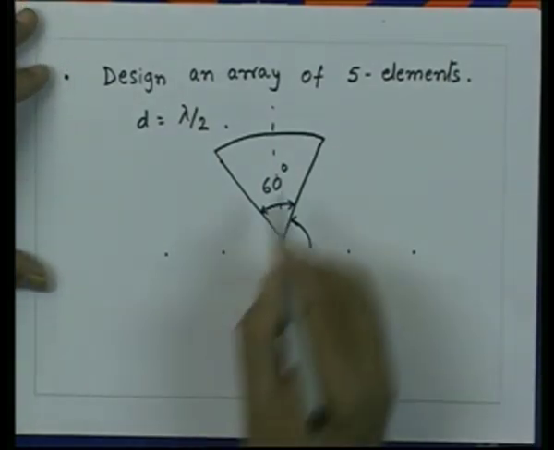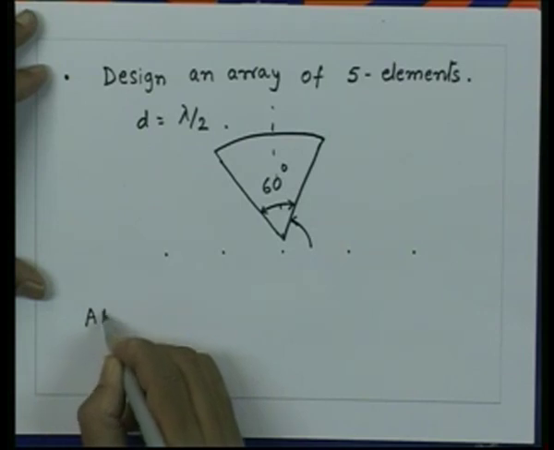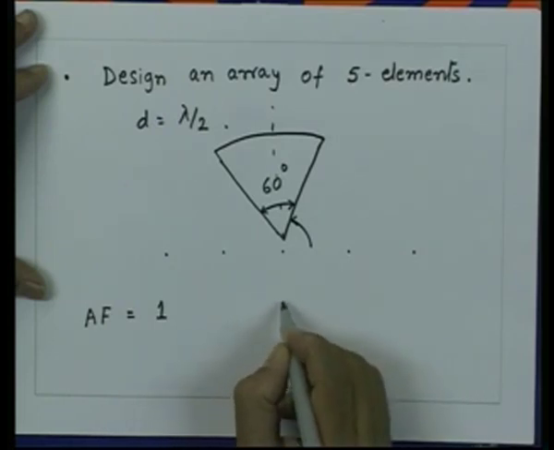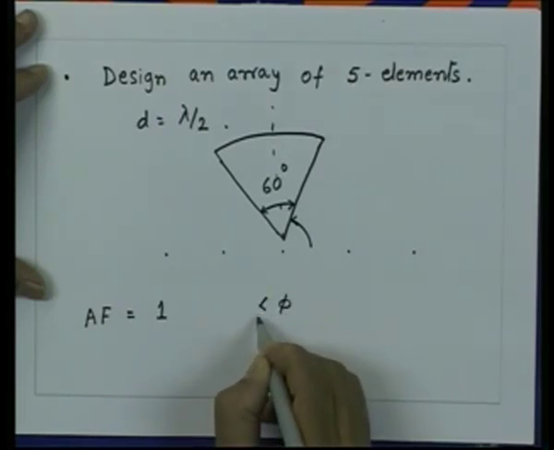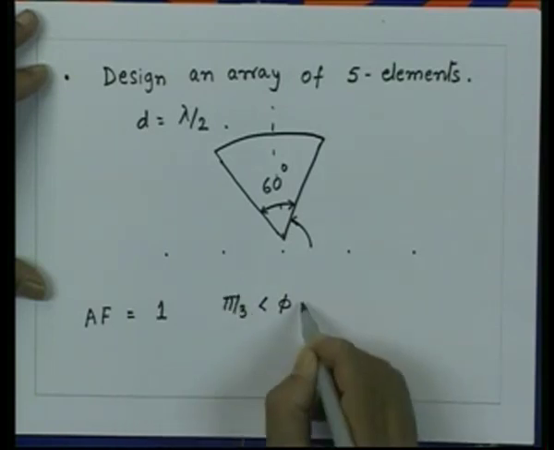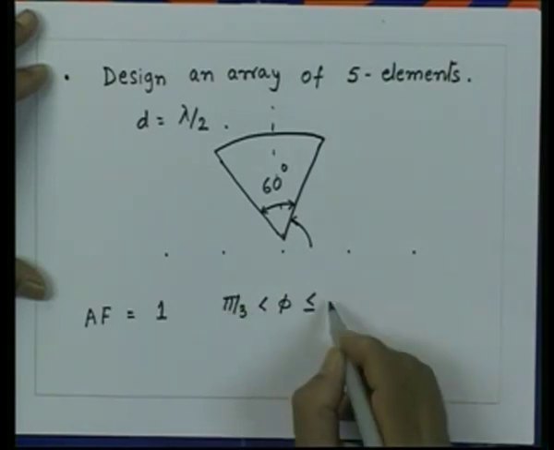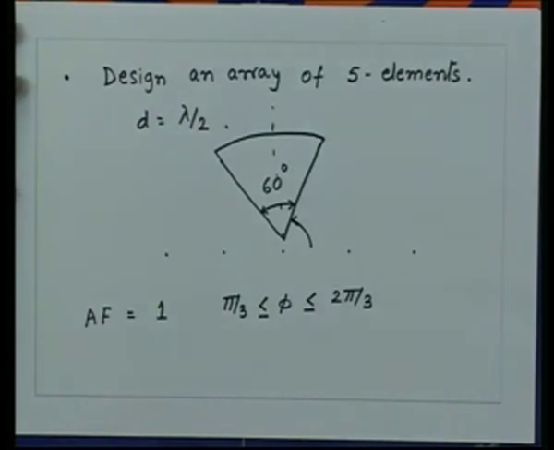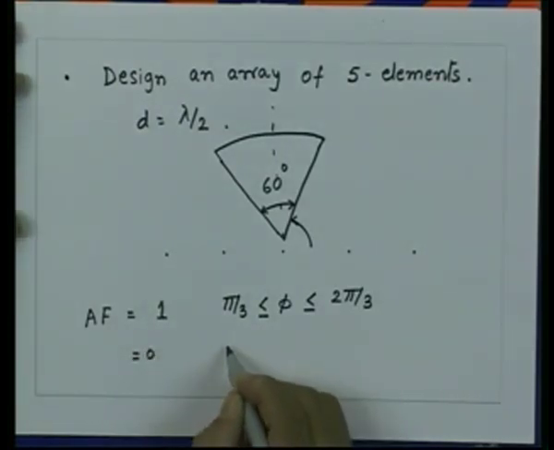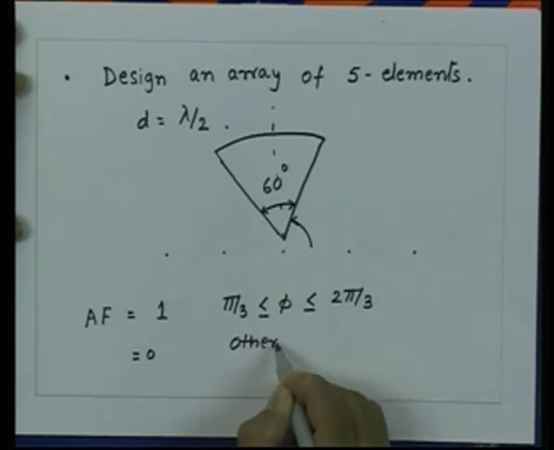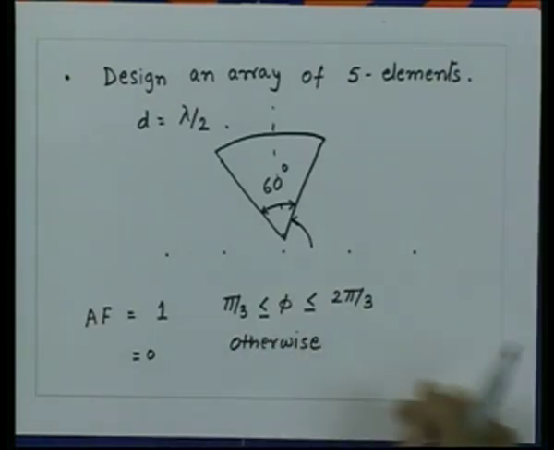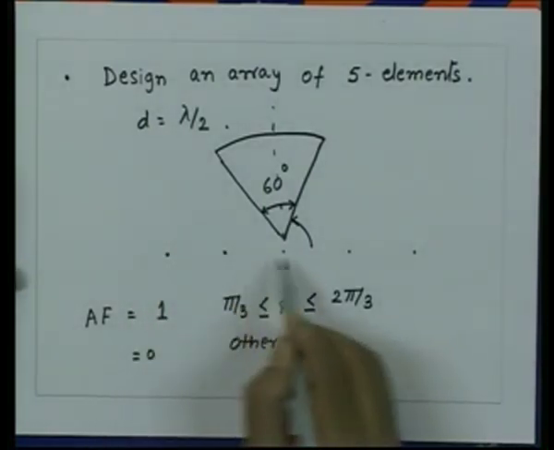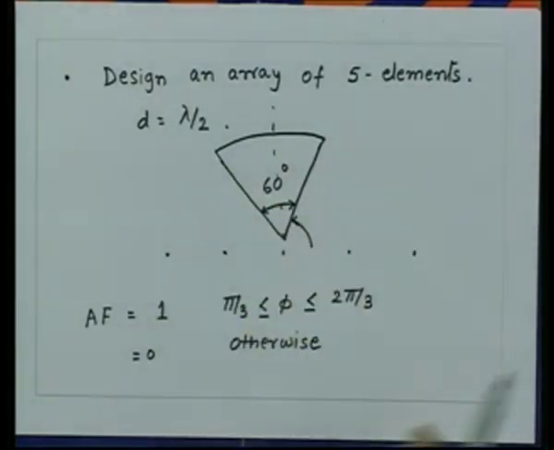So essentially the specification now is that your array factor, or the radiation pattern, is equal to 1 for pi by 3 less than or equal to phi less than or equal to 2 pi by 3, and it should be 0 otherwise. So we want to find the excitation of the antenna elements which would produce this radiation pattern.